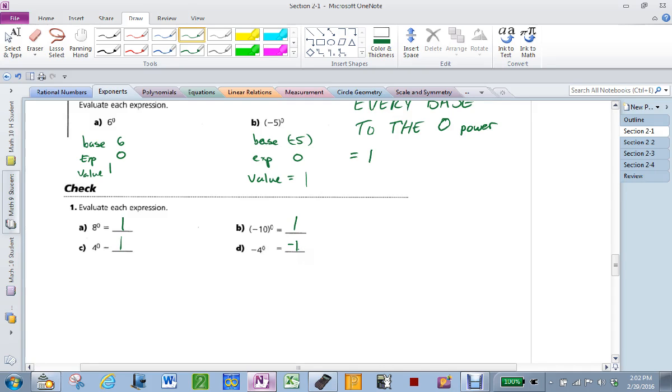Why? What is the base in D? 4. So 4 to the power of 0, that is 1. Is this negative part of the base? No, it's not.